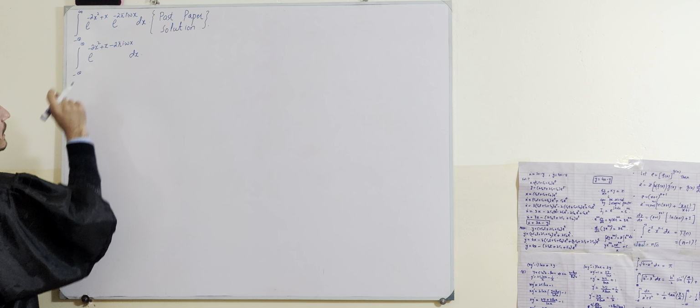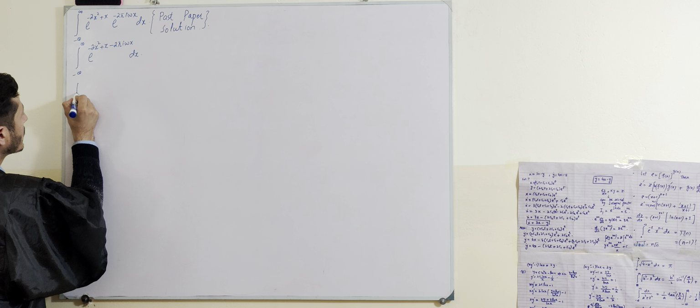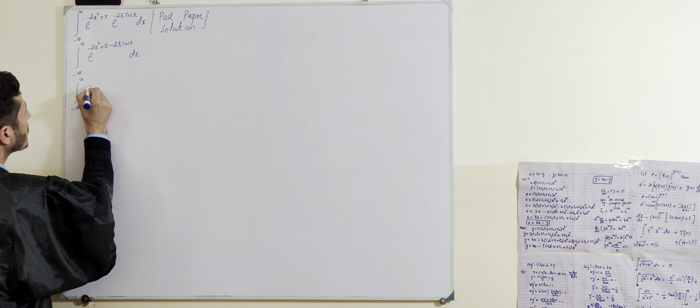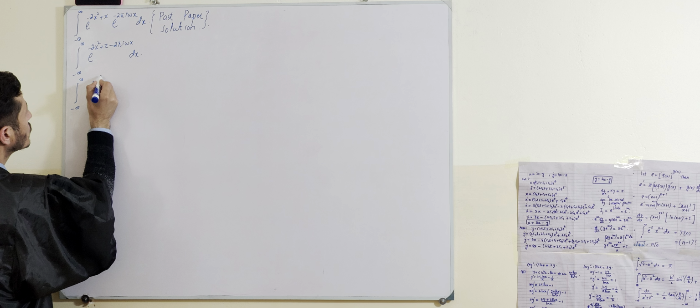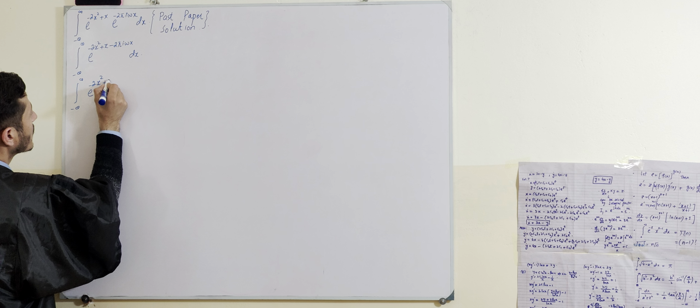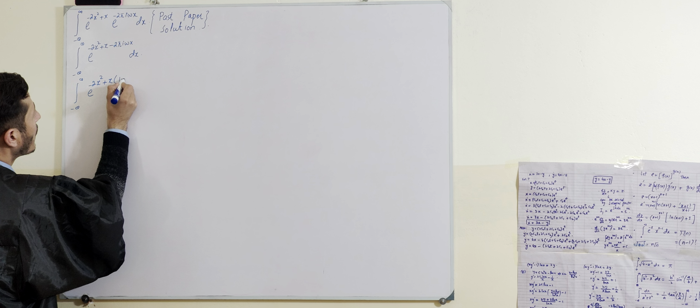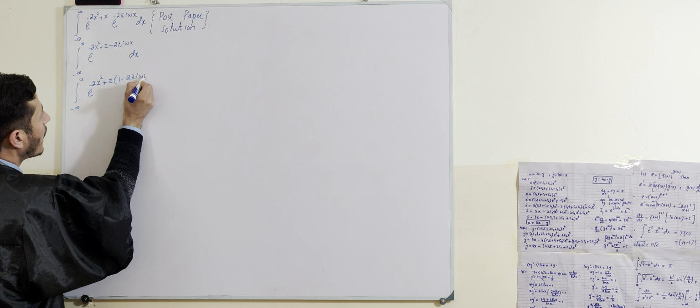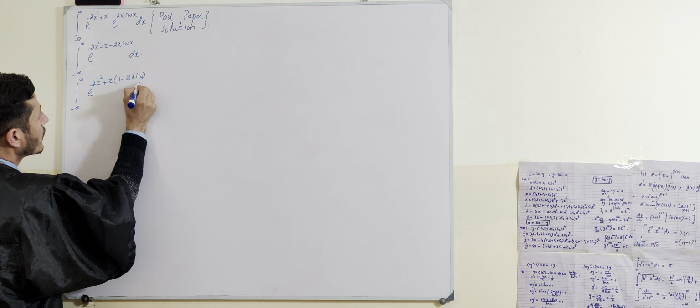So the x terms are common here, so when we take it common, it becomes the integral from minus infinity to infinity of e^(-2x² + x(1 - 2πiω)) dx.